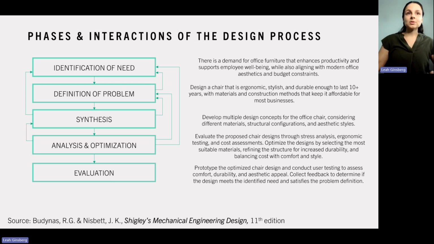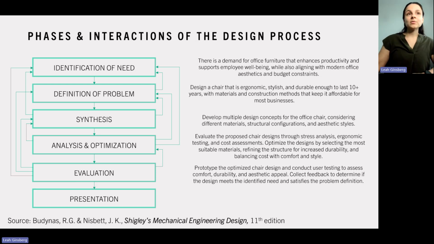So asking users to rate the chair based on comfort, durability, aesthetic appeal, and then collecting feedback to determine if the design meets the identified need and satisfaction of the problem definition. So this is not just user testing, but you can also evaluate designs through mechanical testing and other forms of evaluation.